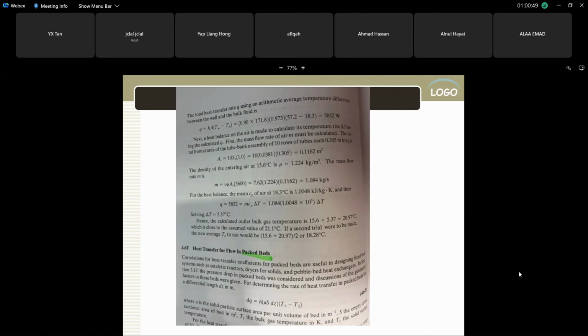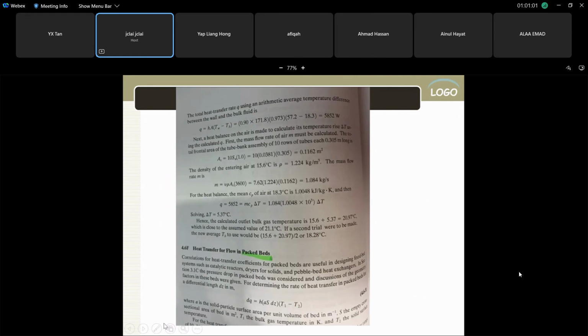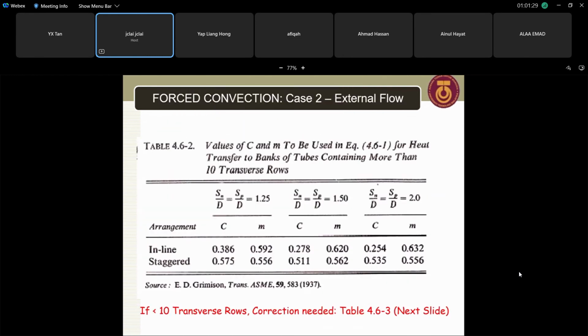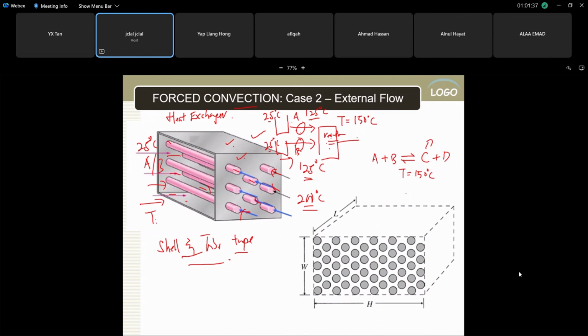In the banks of tubes example, you need to assume T out, because in that particular example the temperature in is given, at about 15 point something, but the temperature of the heated air, T out, is not given.